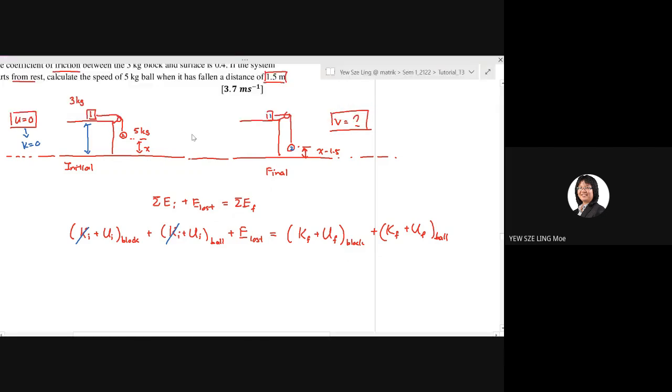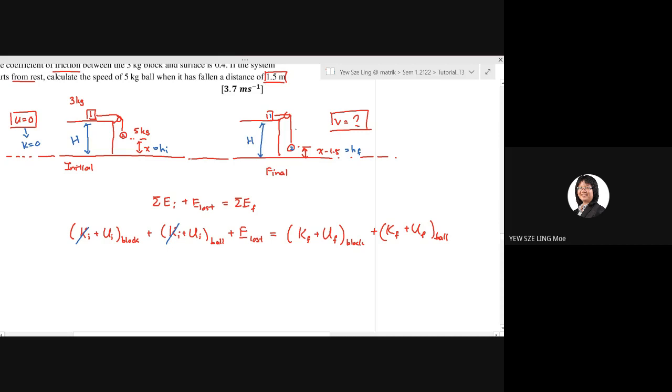So I'm going to call it a capital letter H. So this X is our H initial, and this one is our H final. Initially, the block is moving at a height equal to capital H. And then after the ball has fallen 1.5 meters, the block is still at the same position.